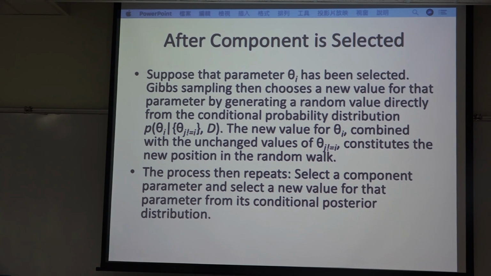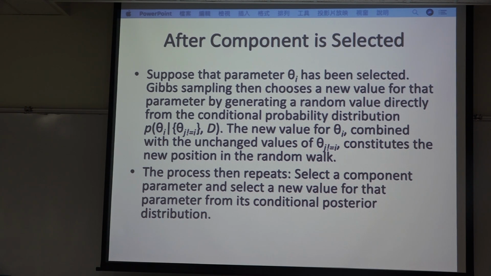One important thing is that you are going to generate a random value directly from this conditional probability distribution, so you need to be able to derive this.